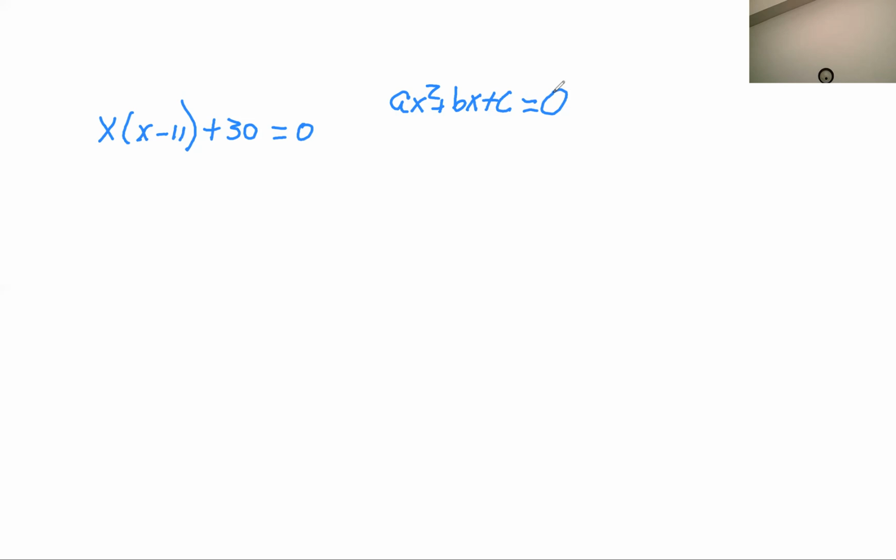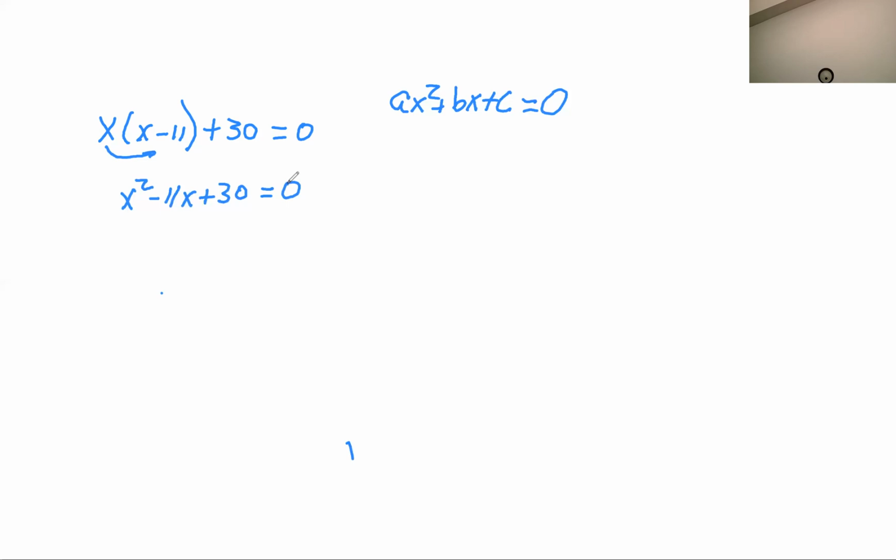So how do we get that equation into that form? Well, what we want to first do is to multiply the x through that parentheses there. And so x times x is x squared. X times minus 11 is minus 11x. And we have plus 30 equals 0.